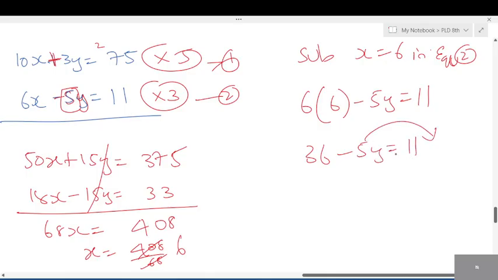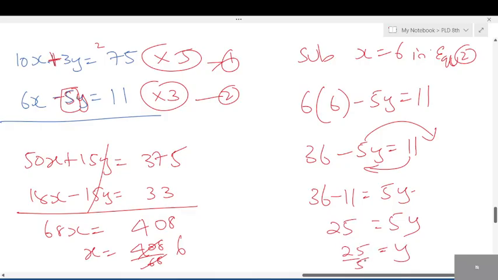Shift this 5y to the right-hand side, 11 this side. 36 minus 11 is equal to 5y. 36 minus 11 is 25. What's the answer you all got? Yes, 5 gets divided. The value of y is equal to 5. X is 6, y is 5.